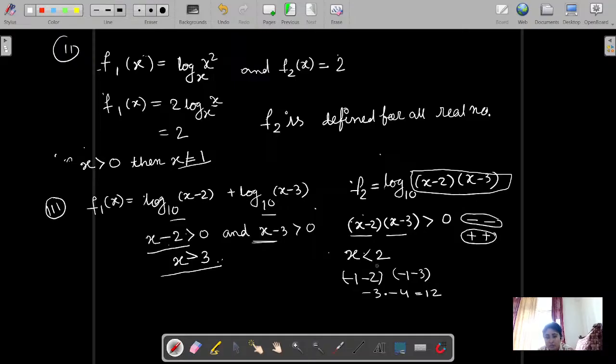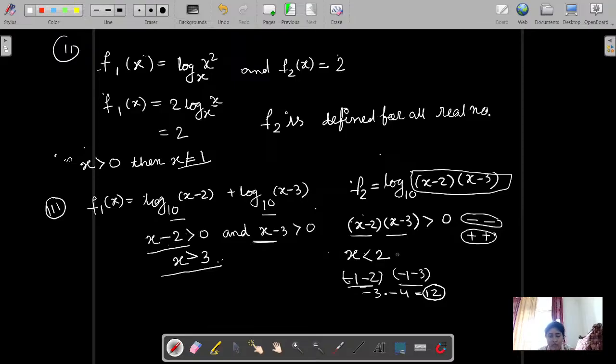So that means whenever you choose x which is less than 2, you will get a positive number here. For all x less than 2, we will get a positive number. So here we will get both negative. If I choose x less than 2, then both of these will be negative, and negative into negative we will get a positive number.